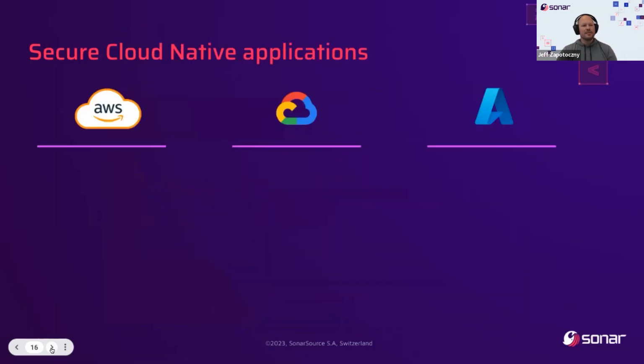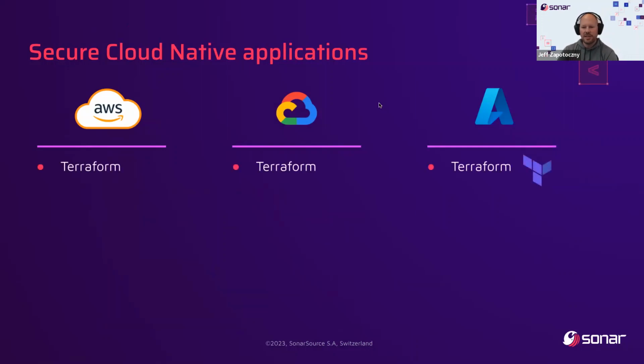Nice. So to break this down across what we see as the three major cloud providers, which includes, of course, AWS, Google Cloud, as well as Azure, we've added a specific layer of support, first of all, for the Terraform technology, which many of you are using to express your infrastructure as code demands.